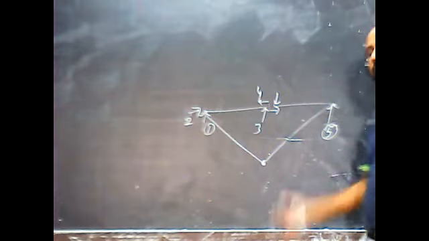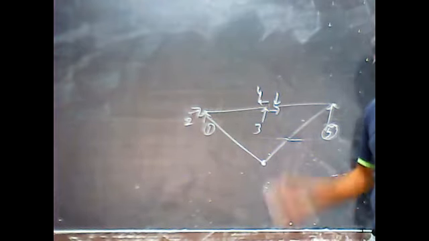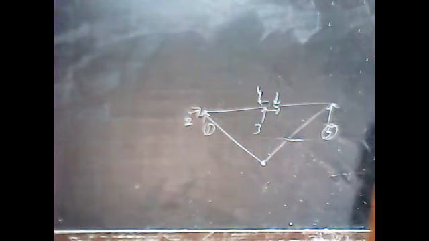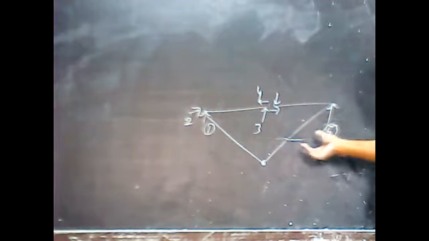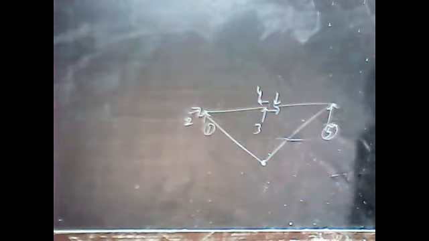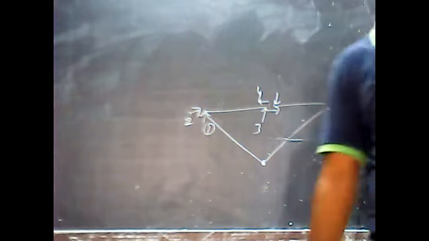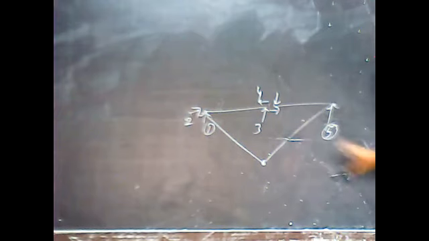Minus that, and you will get the value of indeterminacy. If it comes out negative, it means my structure is not a case of determinate or indeterminate. It is unstable, or you can say a mechanism has formed, and that is a condition of internal instability. So geometrically, it's not going to be stable. Whenever the load is applied there, it will collapse, or a mechanism will form.